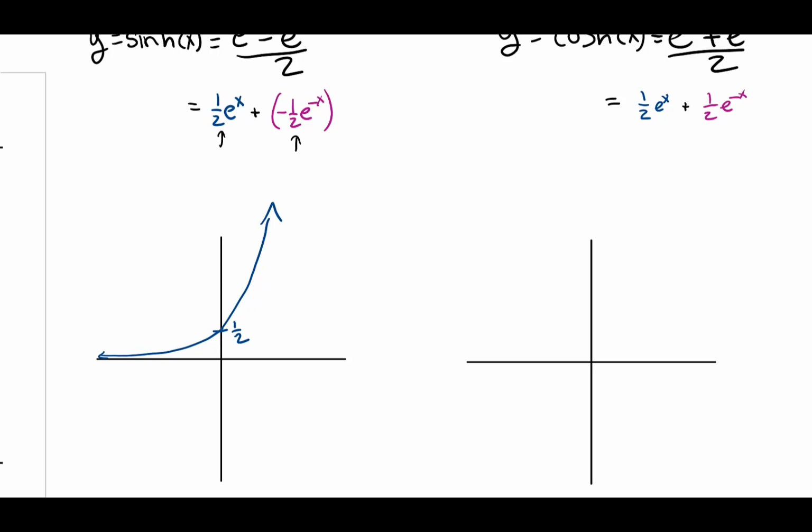Well, let's go graph our other function. So this is going to have the same shape, but the changes that we have here is we have a negative inside that exponent, and we have a negative out front. So the negative on the exponent is actually going to take our graph, and it's going to flip it about the y-axis. And then the negative that's hanging out down there, or right in front of the 1/2, that's going to flip this about the x-axis.